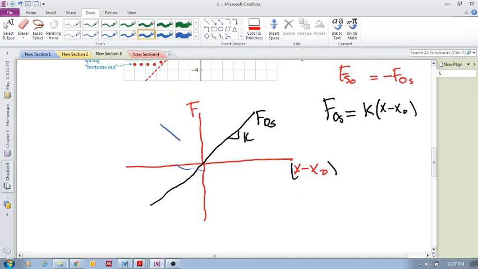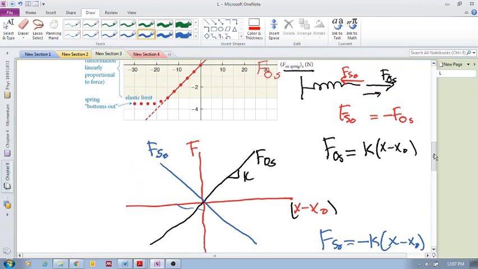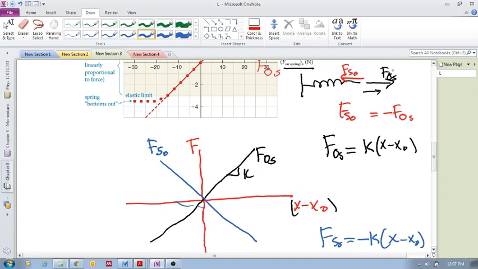This slope is the slope of the force of the spring on the object, which is minus k times x minus x0, because as the spring is stretching, the spring force is opposing it.